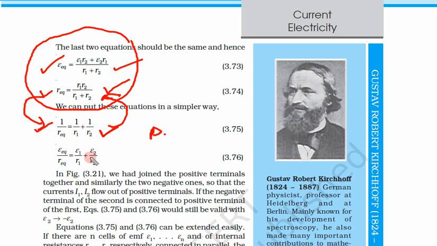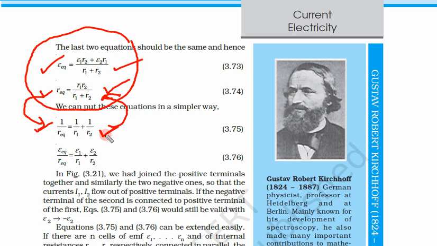Okay, now how would this thing change for epsilon equivalent? R equivalent is the same as we get in the case of parallel resistance. Now what is this epsilon equivalent? Changing this to something meaningful is quite difficult. So what they did was divide this epsilon equivalent by this R equivalent.